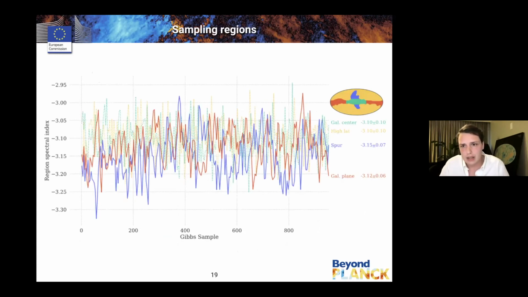And so this is the final setup that we went with, the 4 disjoint regions. However, even doing this, the high latitudes here and the galactic plane were degenerate with some of the other procedures. So we instead sample these directly from the prior, which means that we don't necessarily gain anything explicitly from the data, and focus on these 2 regions instead, what we call the spur and the galactic plane regions.